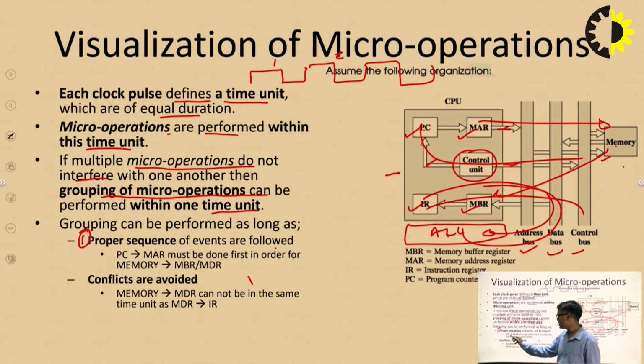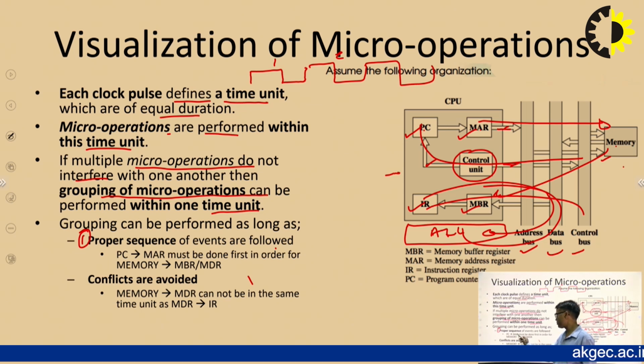First we do PC content transferred to MAR, then the memory data is transferred to MBR. We cannot first perform the memory operation and then the PC to MAR operation. This is a logical sequence to accomplish a task.